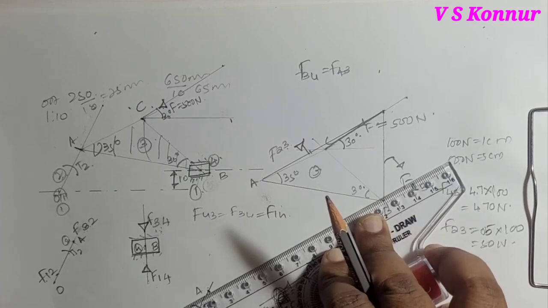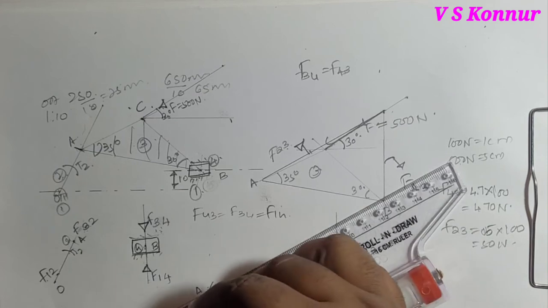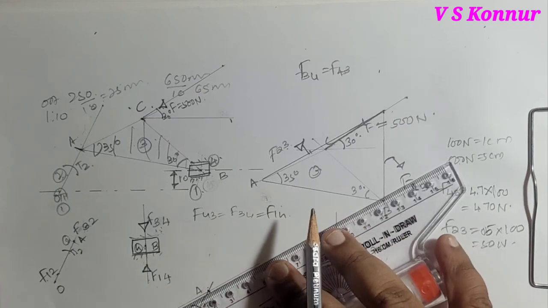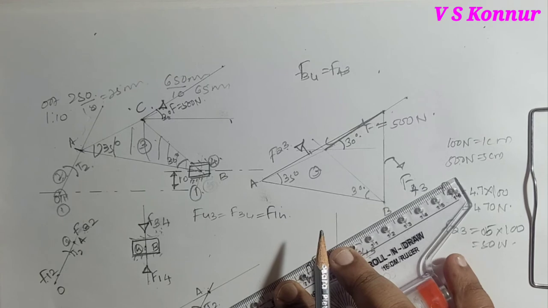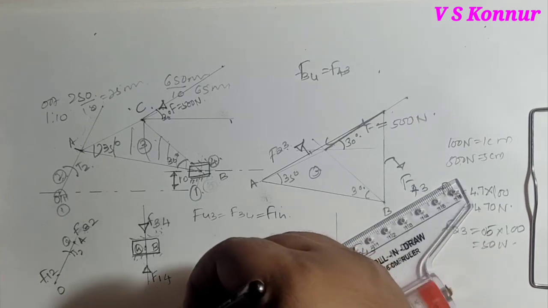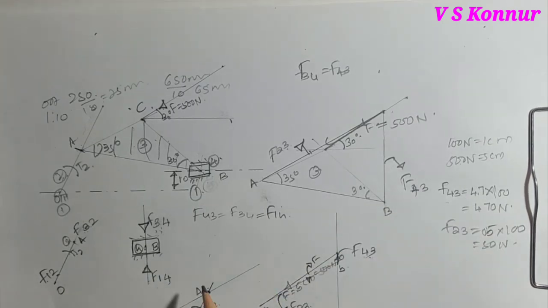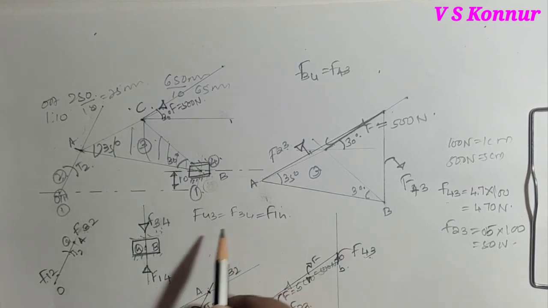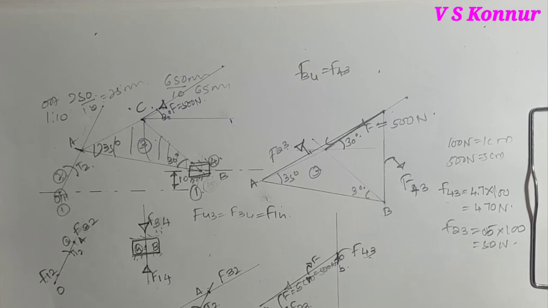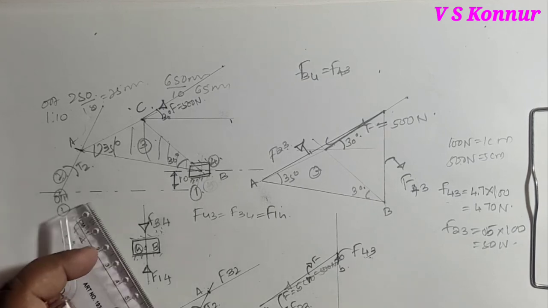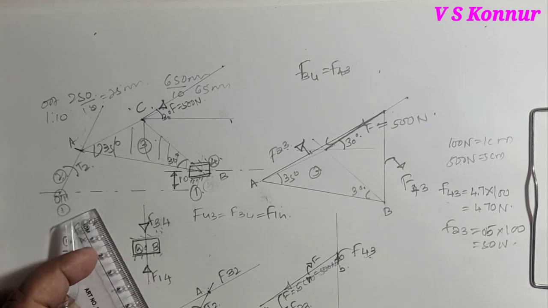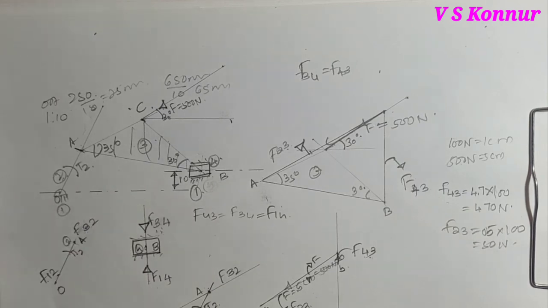So we'll transfer at this point. The same parallel will transfer at O point, because F32 is equal and opposite to F12. Here we have calculated F23, so F23 is equal and opposite to F12, equivalent to F32. Now the perpendicular distance between two forces, that is 90 degree, will give height.